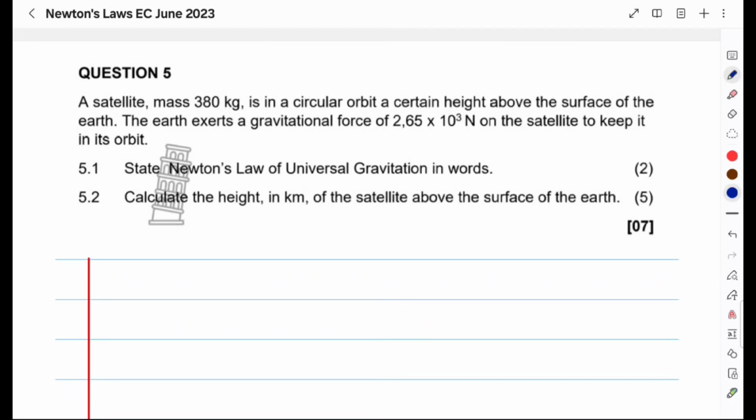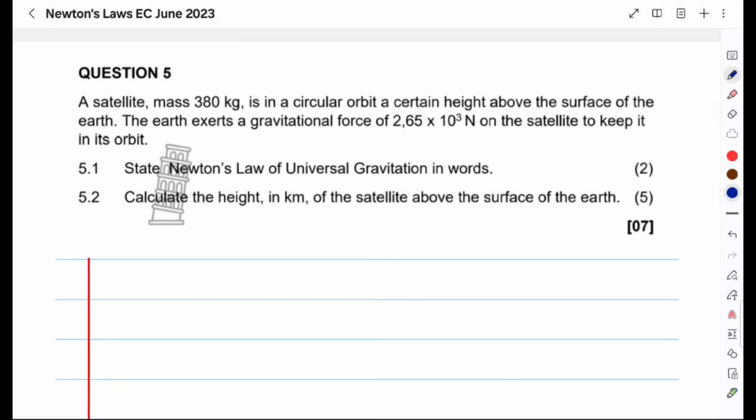So take note that what is known is the value of F, the value of G, which is a universal gravitation constant, our value of the mass of the satellite, our value of the mass of the Earth, which is also a constant, and we know the radius of the Earth as well. So the only thing that is unknown in this situation is the distance between the surface of the Earth and the satellite.